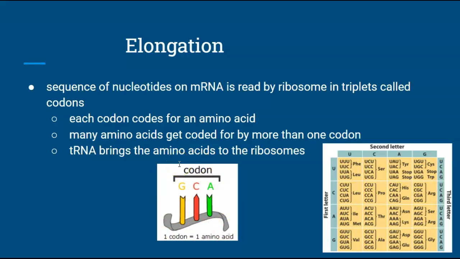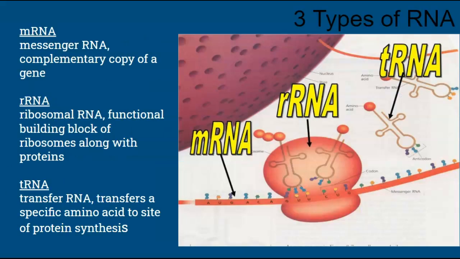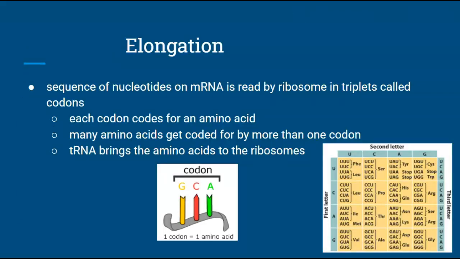So if our mRNA reads GCA, then a tRNA, a transfer RNA, and we'll remember back here, there's 3 types, right? A transfer RNA, one of these guys, okay, that's our transfer, is going to bring an amino acid in. Which one is it going to bring? Well, it depends on the codon. So this is GCA, and I can use a chart that looks like this to help me figure it out.